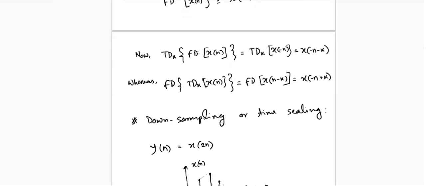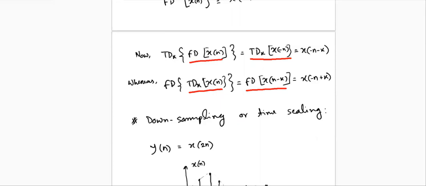For example, if we start with the folding operation and after that do the time shifting operation, it will give one kind of result, compared with doing the time shifting operation first and then the folding operation.